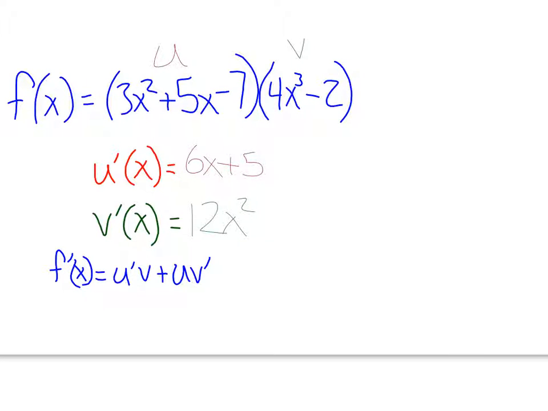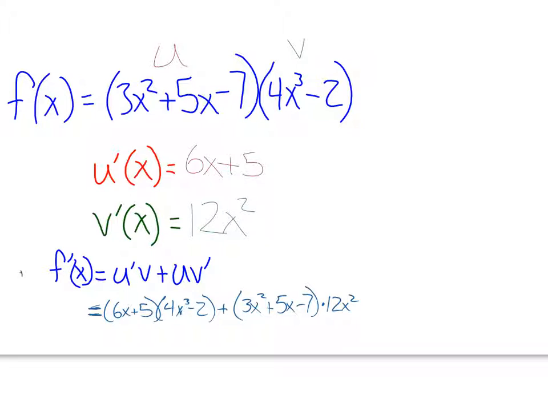So now we're taking the derivative using the product rule. U prime is 6x plus 5 times v, 4x cubed minus 2, plus u, 3x squared plus 5x minus 7, times v prime, which is the 12x squared. Okay?